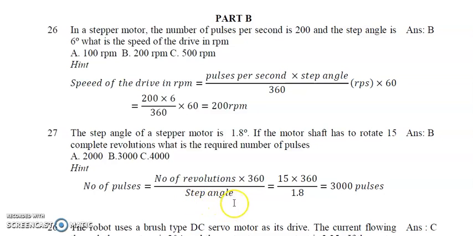So 15 times 360, divided by 1.8 degrees, is equal to 3000 pulses. So we need to provide 3000 pulses to get 15 revolutions in the stepper motor. So the answer is B.